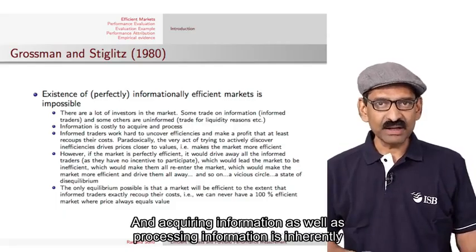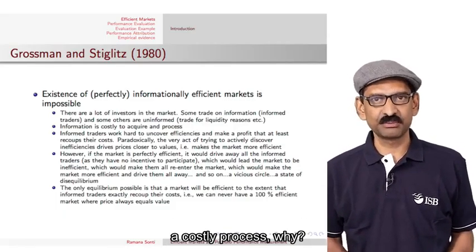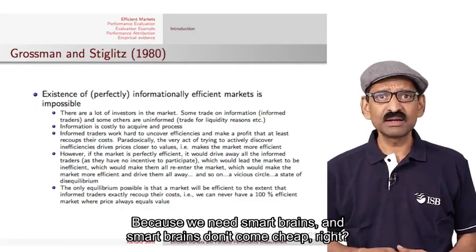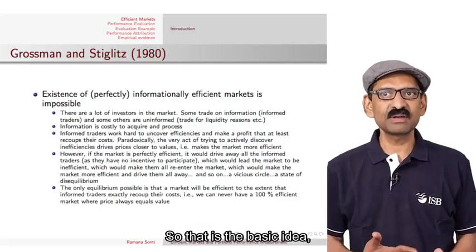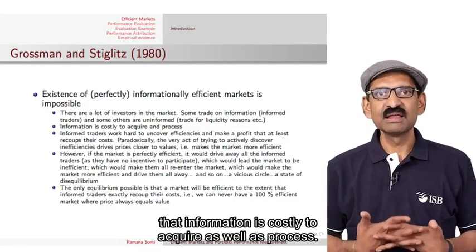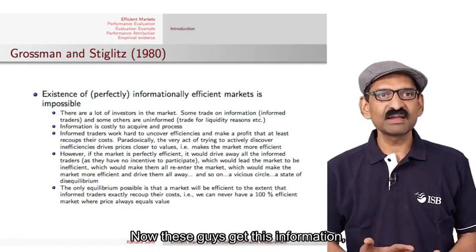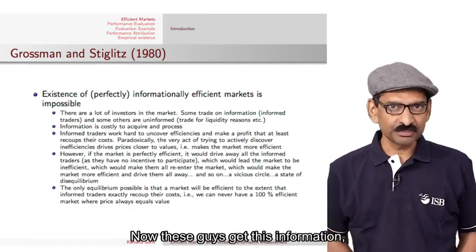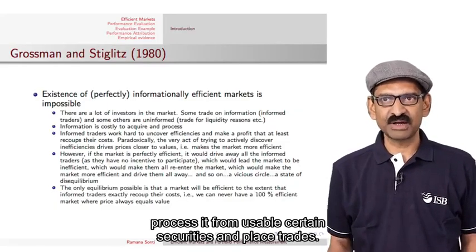And acquiring information as well as processing information is inherently a costly process. Why? Because we need smart brains, and smart brains don't come cheap. So that is the basic idea, that information is costly to acquire as well as process. These guys get this information, process it, form views about certain securities, and place trades.